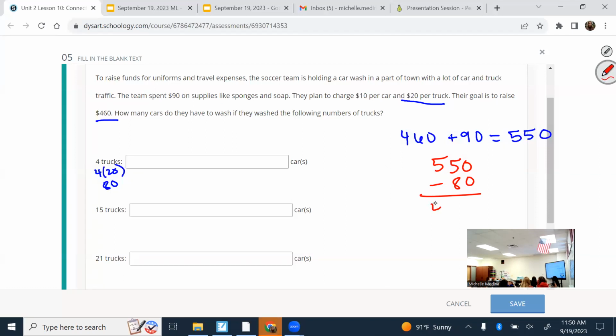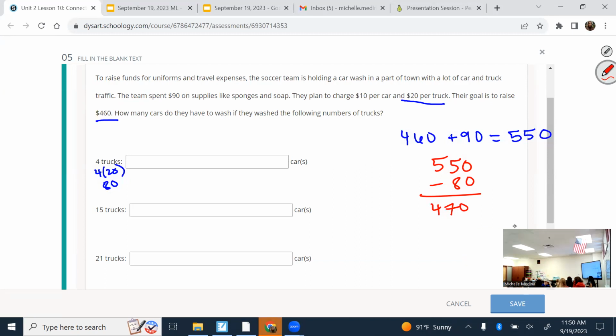Okay, good, and I'm not going to wash 470 cars. They're charging $10 per car, so I'm going to have to divide that by 10 in order to get how many cars I would need to wash, which is 47.